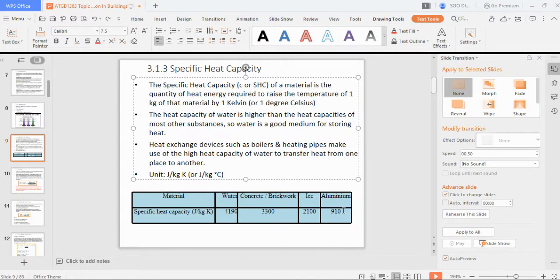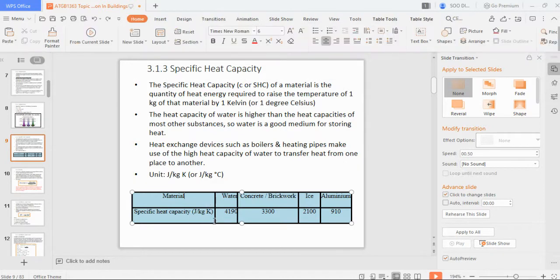You can see here, down here, you have a table. Water is actually quite a good medium to hold and store heat. Then as you go lower, concrete is quite good also, then ice, and finally you have our aluminium, which is not a very good heat holding material.